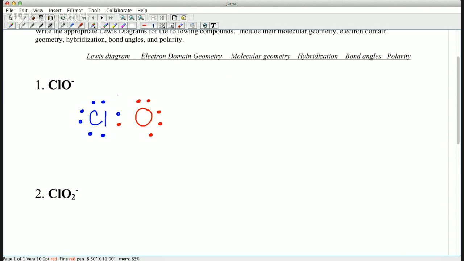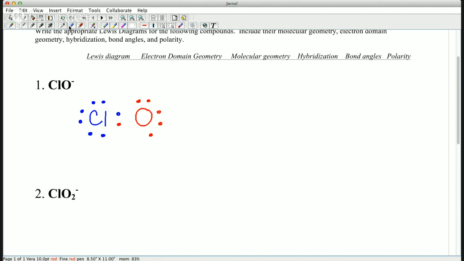Now, of course, when we evaluate this, we see the chlorine has its stable octet. It's beyond row 2, so it could have more than 8, but not necessarily in this case. This requires 8 because it's a row 2 element. All right. But you notice by sharing, it only feels like it has 7.